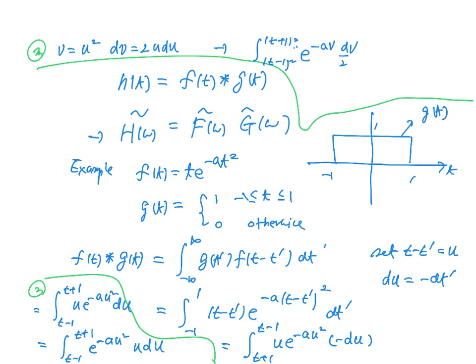So this is 1/2 times minus 1/a e^{-av} evaluated between (t - 1)^2 and (t + 1)^2.